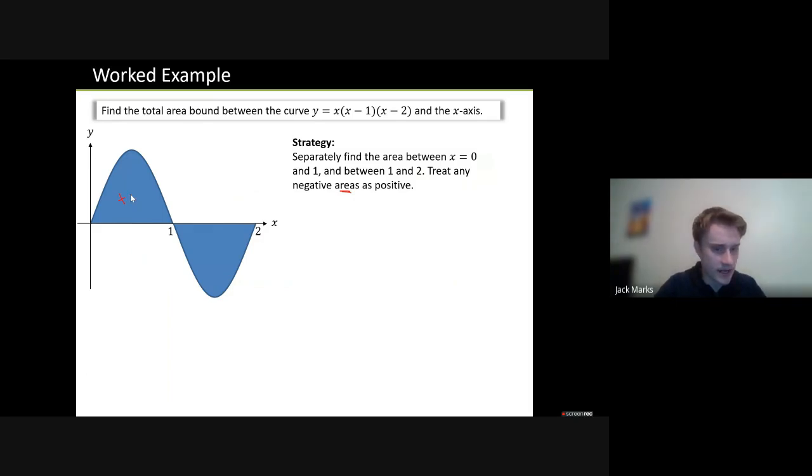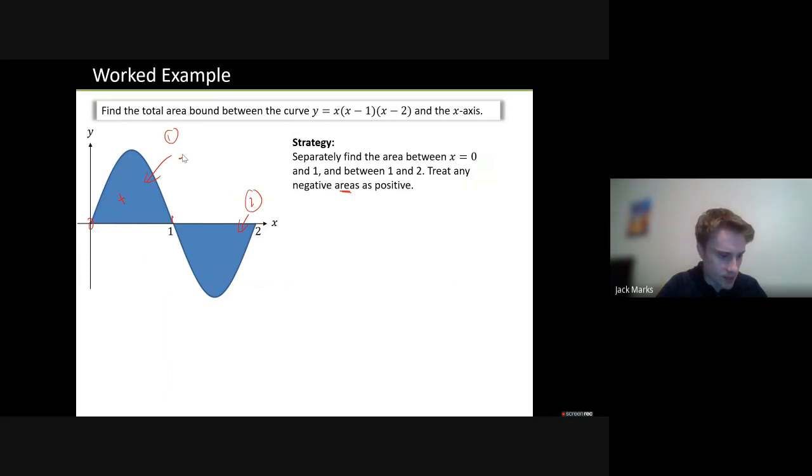If I integrate this one between 1 and 0, so I handle this as like part 1 and part 2. Well, if I do part 1, and in the interest of time, I'm going to do this on my calculator.